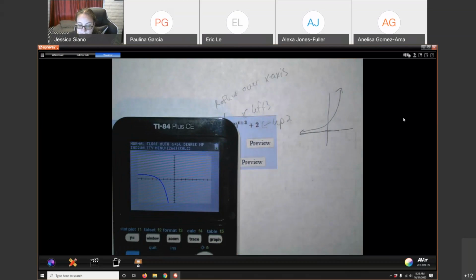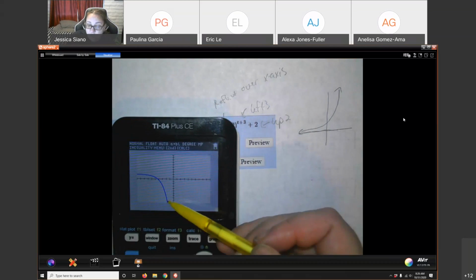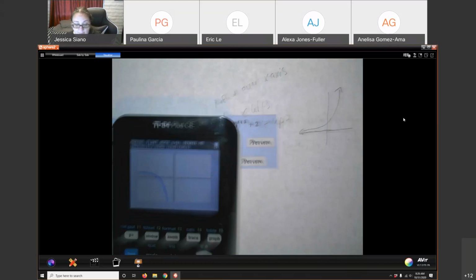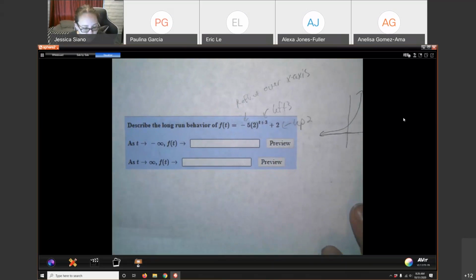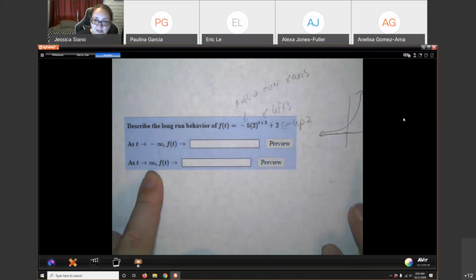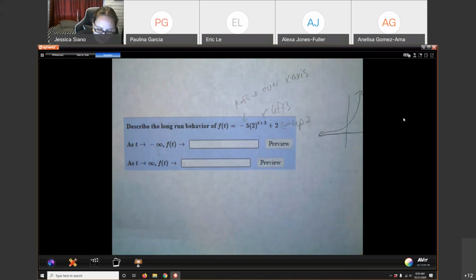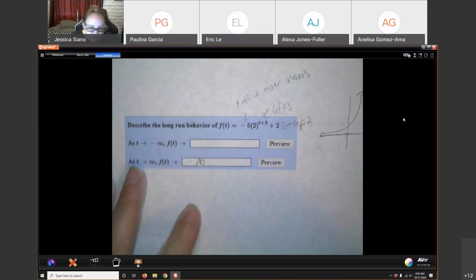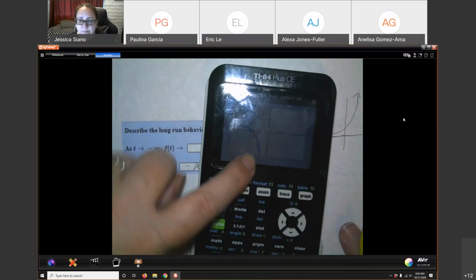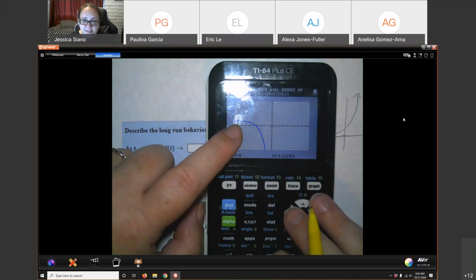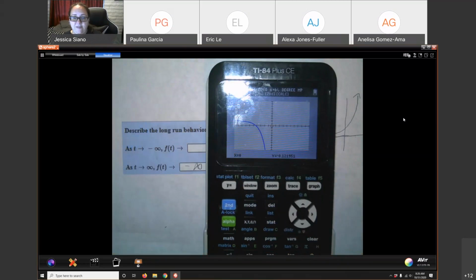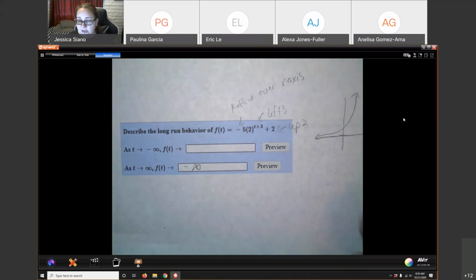So on the right side, you can see that as t goes toward positive infinity, f of t is going toward negative infinity. Right? See it? Now on the left side, it's definitely asymptotic, so it's getting close.